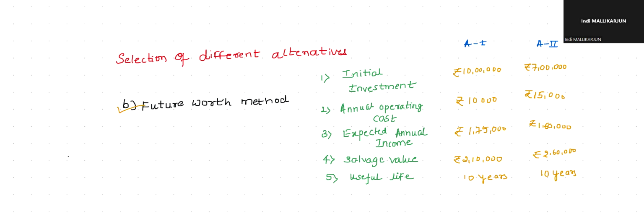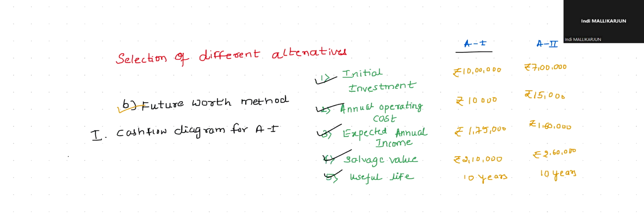First, the cash flow diagram for alternative 1. Here we have the initial investment, annual operating cost, expected annual income, salvage value, and useful life for alternative 1 as well as for alternative 2. So first we have to draw the cash flow diagram.